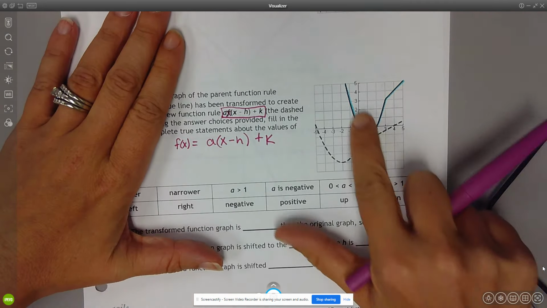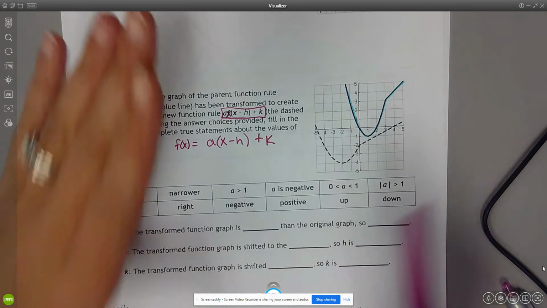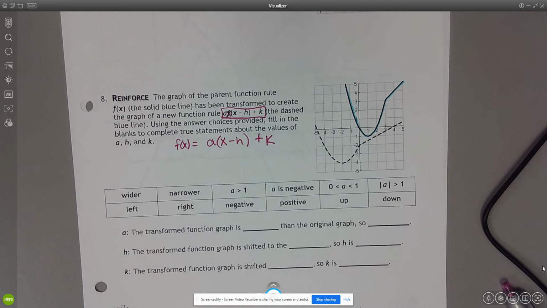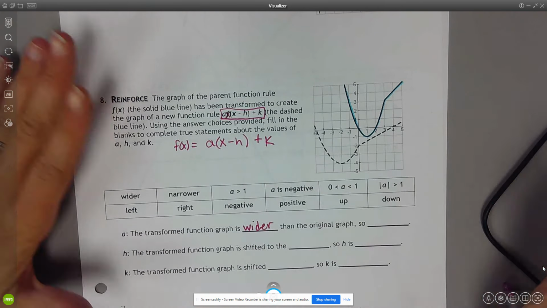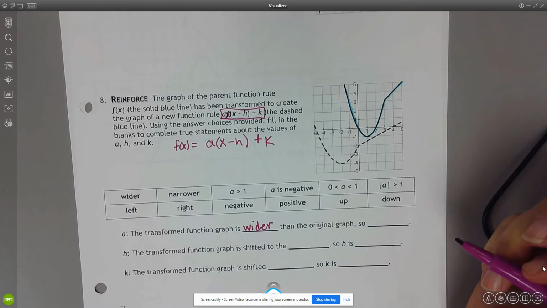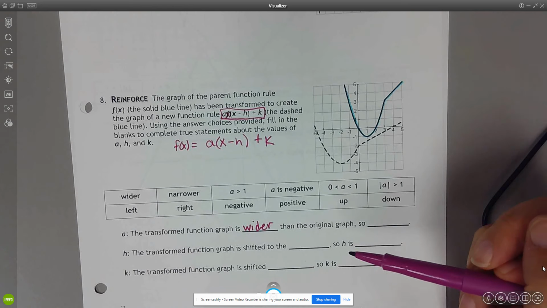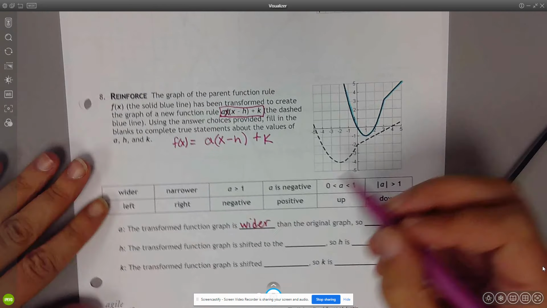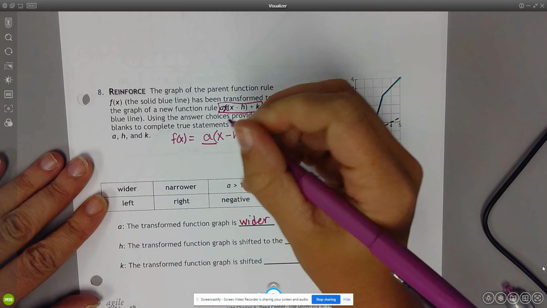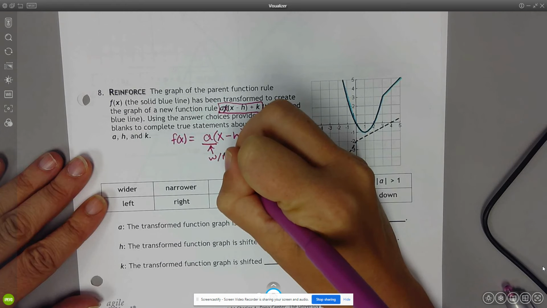When I look at my blue graph and then look at the dashed line down here, I see that it is wider than the original graph. Now they're asking us, what could make it wider? And I know from the notes that it is our a term. It's this front term that determines if it is wider or narrower.